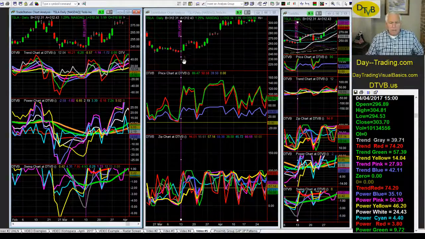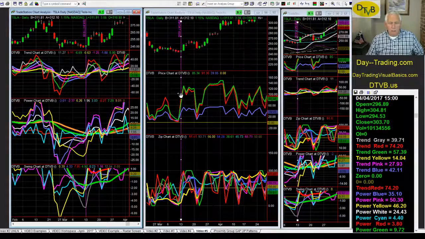You may or may not have heard me talk about when you get indications like the day before, where this pink vertical line, we had the last red candle with price down to 2 and under blue, price blue, that we usually get a stronger up movement, but we didn't.